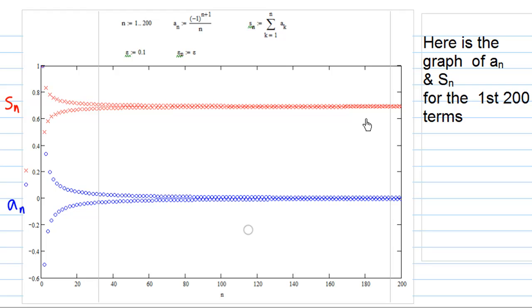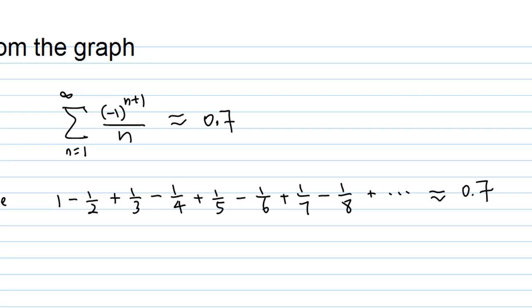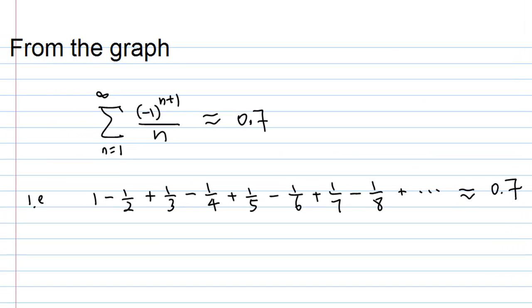From here, we find that the sequence a_n converges to 0, and the sequence of partial sum S_n converges to somewhere close to 0.7. Therefore, you can say that the summation of minus 1 power n plus 1 over n, when n goes from 1 to infinity, is about 0.7.